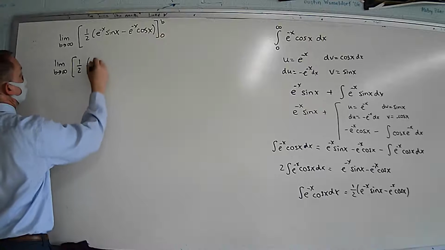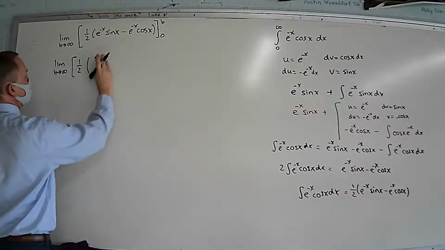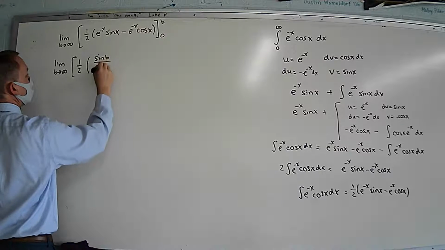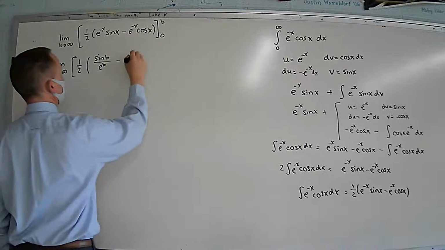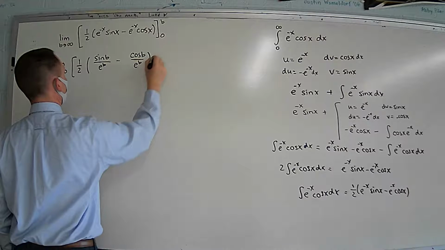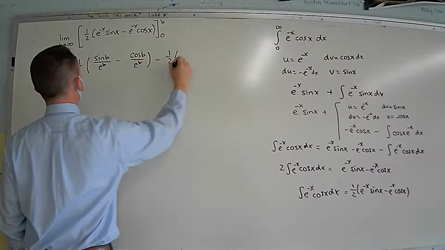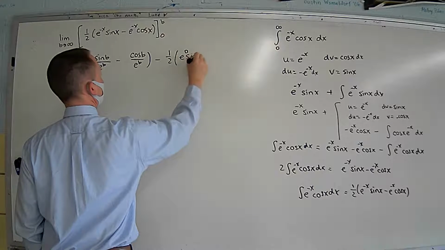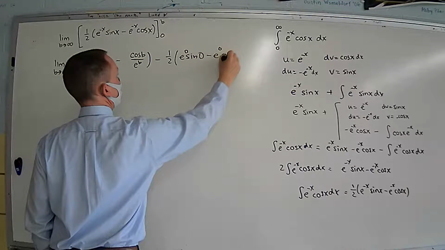1/2, that's going to be the sine of b over e to the b minus cosine of b over e to the b, right? Minus 1/2 e to the 0 sine of 0 minus e to the 0 cosine of 0.